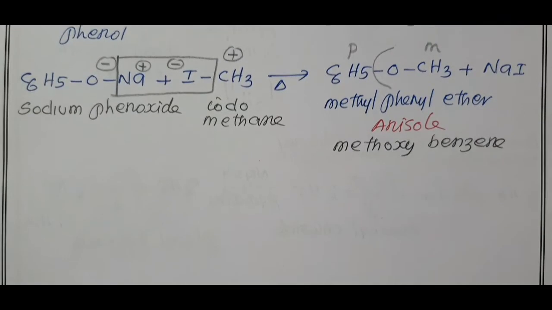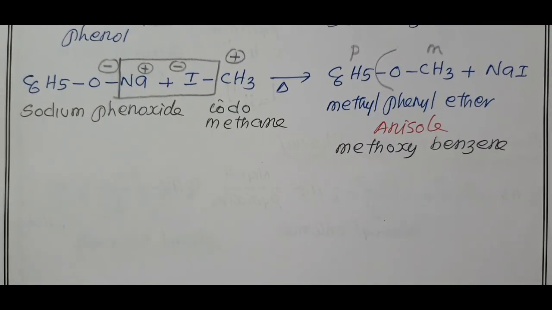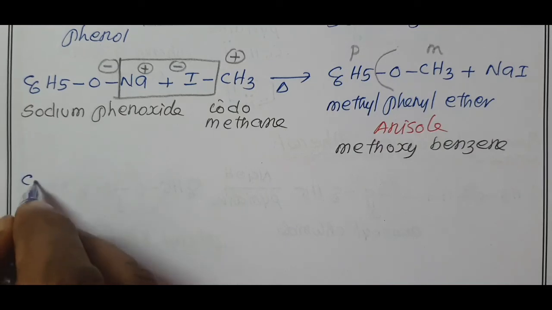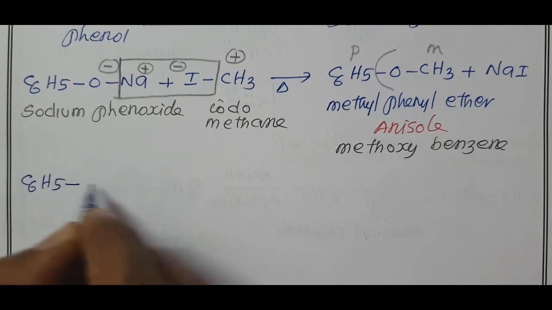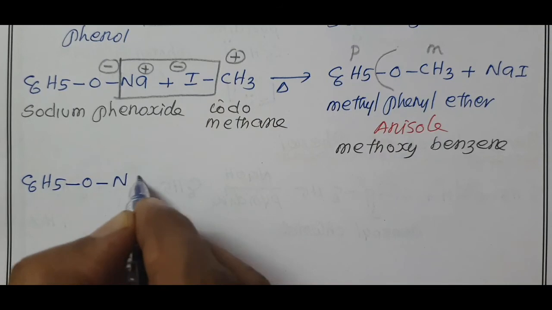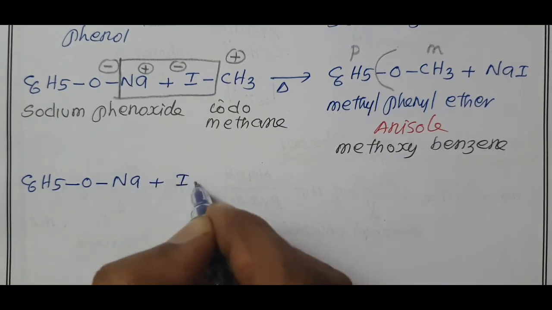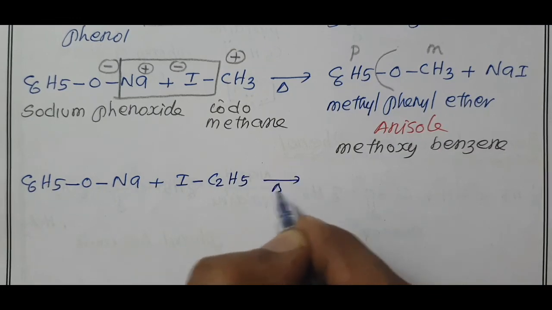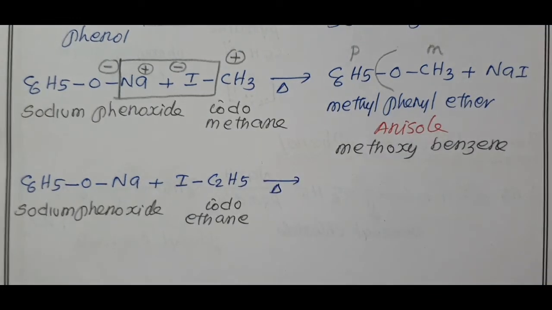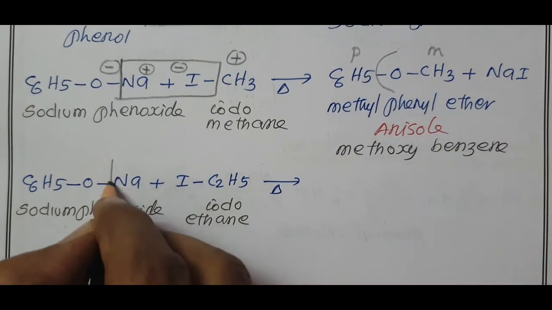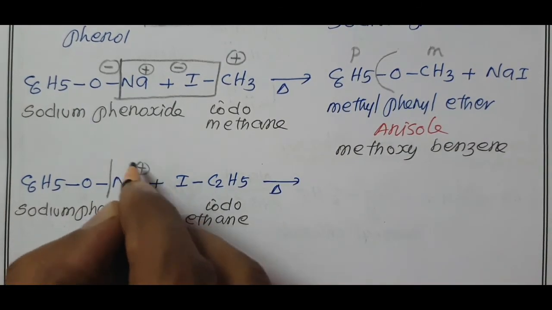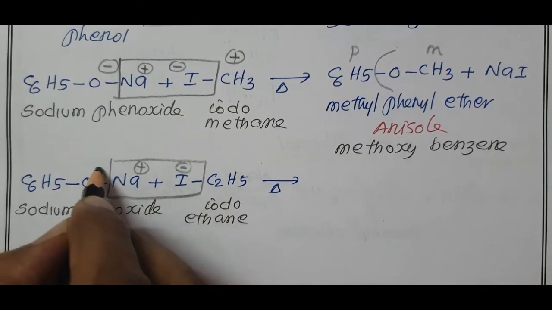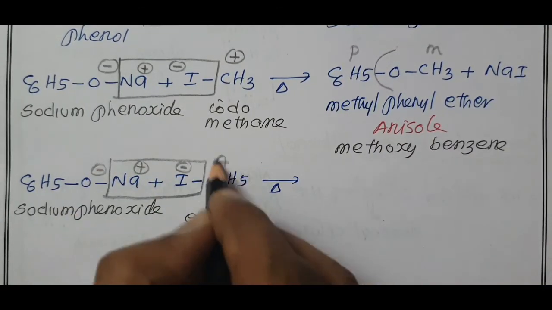We can prepare one more phenyl ether by Williamson ether synthesis. The same sodium phenoxide, C6H5ONa, when treated with ethyl iodide, C2H5I, on heating. So what happens? Na plus and I minus are removed as NaI. The I minus is substituted by the phenoxide ion.